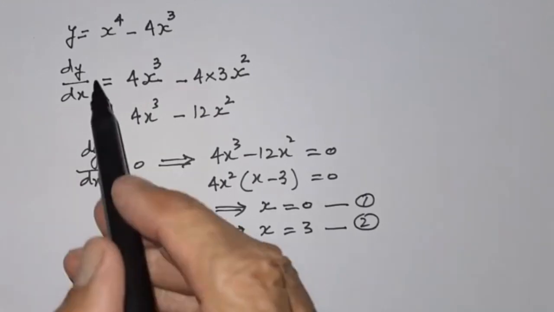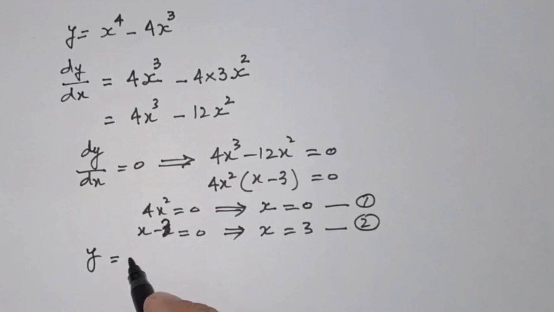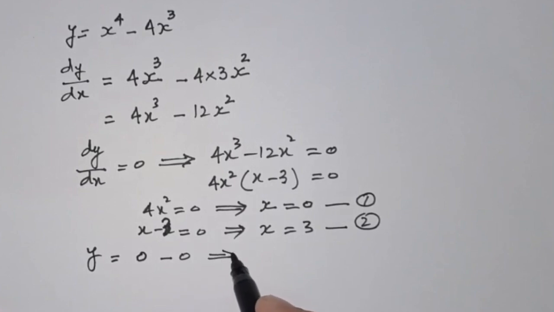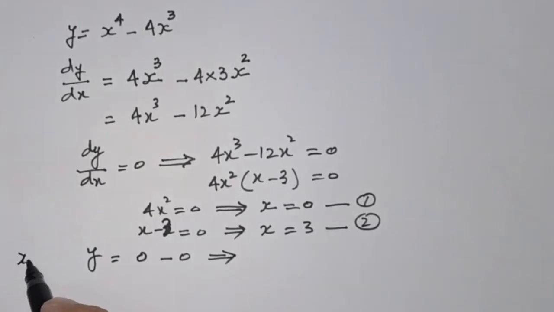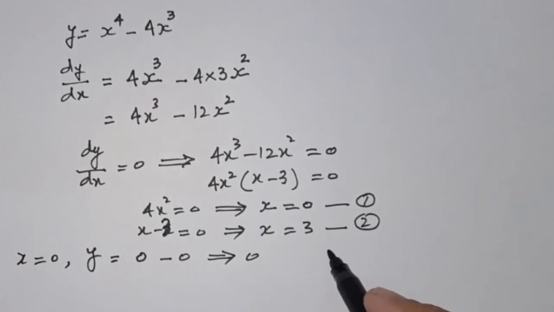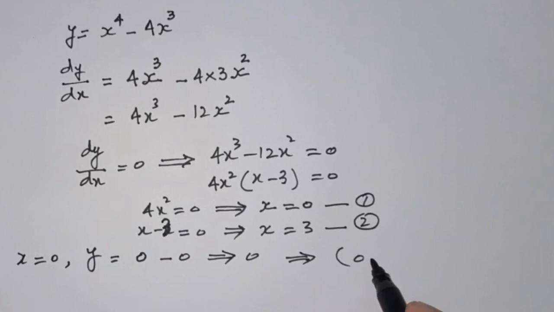So in this equation we put in x equal to 0 first, y equal to x power 4, 0 power 4 is 0, and this is also 0. That means when x is equal to 0, y will be equal to 0. We got one first stationary point, and that is 0 and 0.